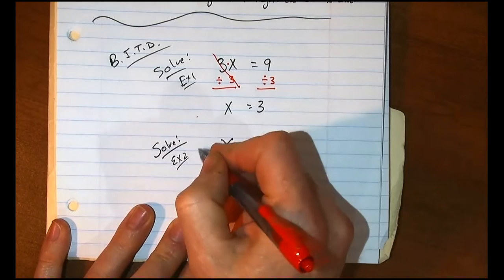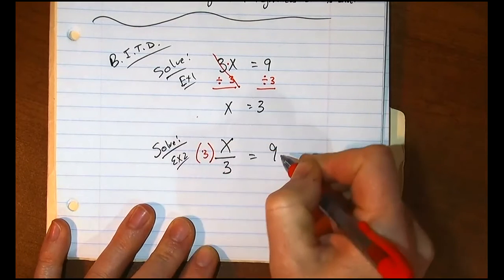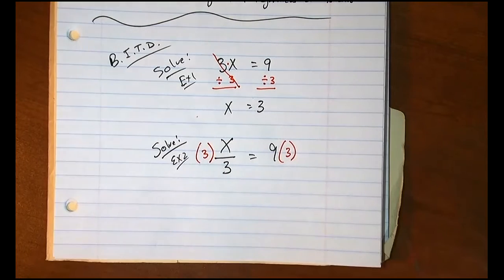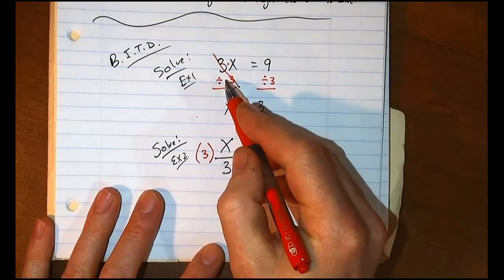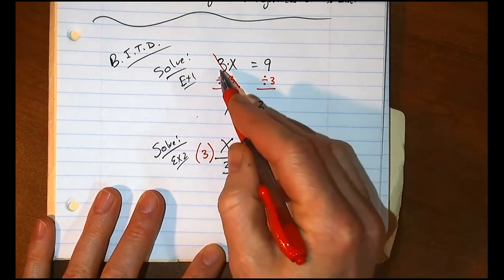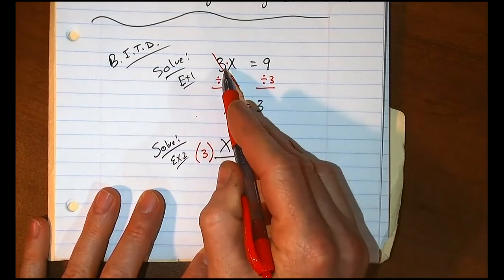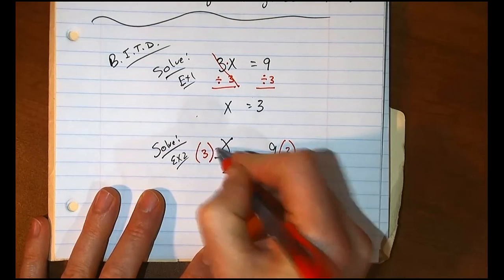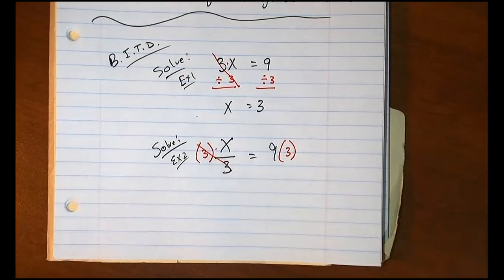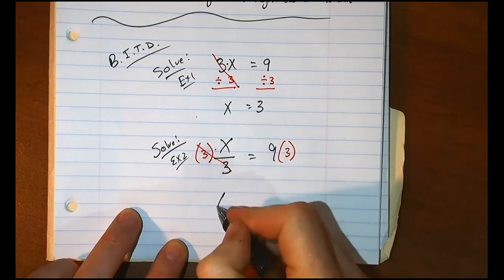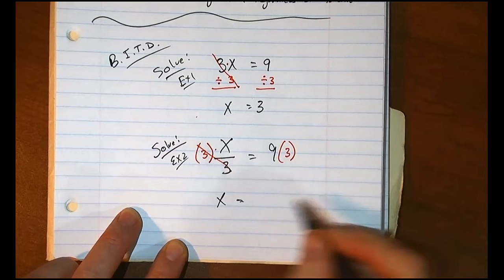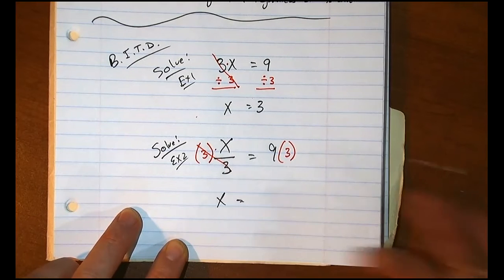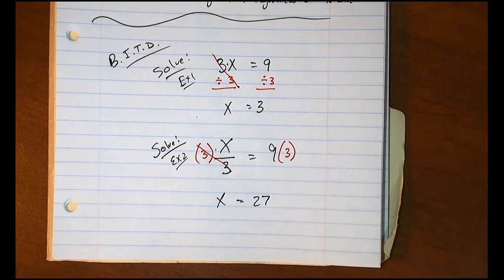So one of the things you might have learned back in middle school or whenever you took pre-algebra is to multiply both sides by 3. Why do I choose multiplying? For the same reason I chose dividing up here. Multiplying and dividing cancel each other. If I start with a multiply, I can use divide to cancel it out. If I start with a divide, I can use a multiply and they will cancel out. And I'm left with just the x by itself. When the 3's cancel, what's left is just the x. And then on the other side, I've got 9 times 3, whatever that is. And there's my answer. So this we already know.